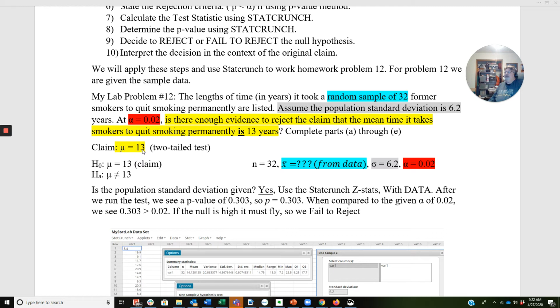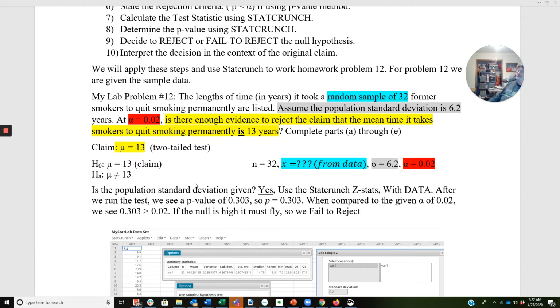That's written symbolically. Right away, since I see that my claim has equal, I know this is going to be a two-tailed test, and I know this is the claim. So I've located mu equals 13 as the null hypothesis, identified it as the claim right here. And then the complement of mu equals 13 is mu is not equal to 13.